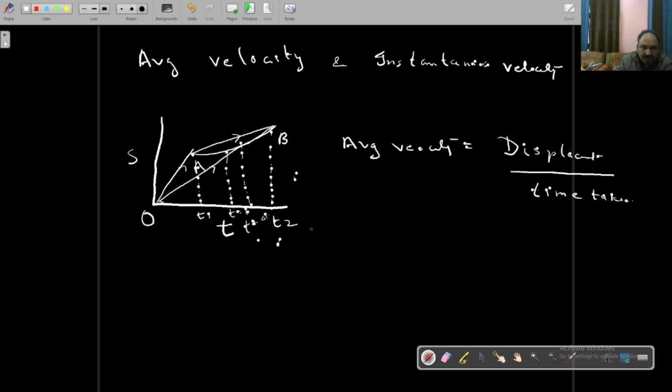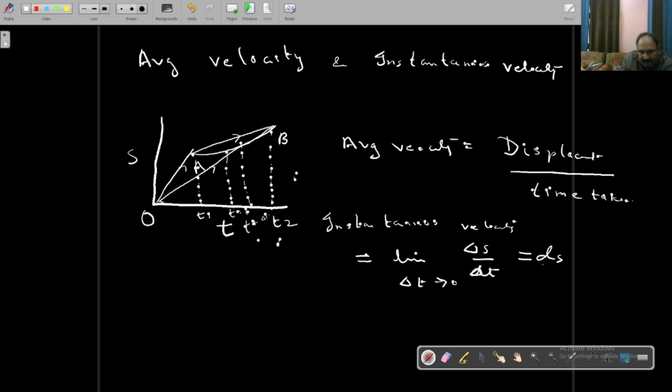Again instantaneous velocity is equal to limit delta t tending to 0 of delta s by delta t, which becomes ds by dt.